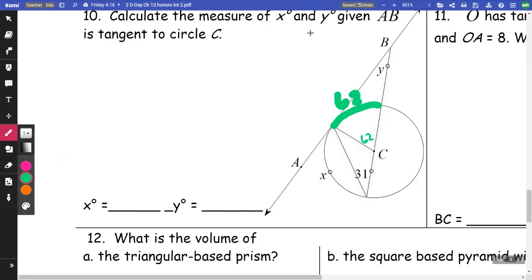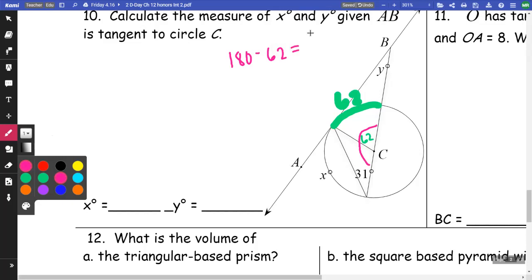Now, if that is 62, I know that this together is going to make 180. And so 180 minus 62 is going to be 118.